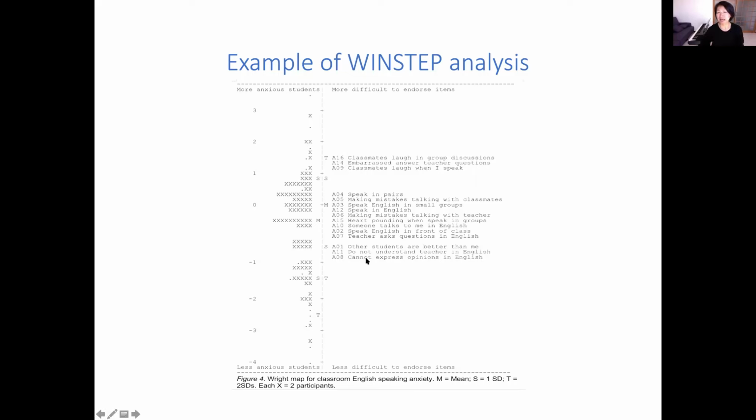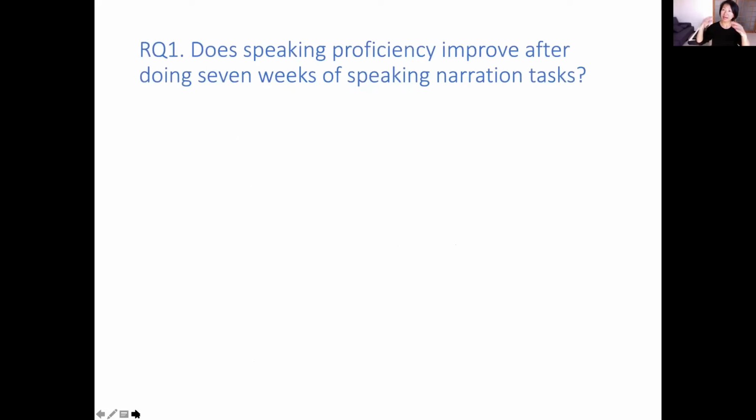Whereas the items at the bottom are easier for this particular group of participants to answer. I did this kind of validation to make sure that the data I collected from my survey really measured what I wanted to measure. It's called Rasch analysis, and the software I use is called Winsteps.